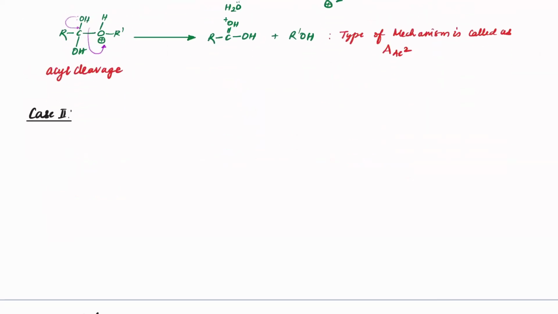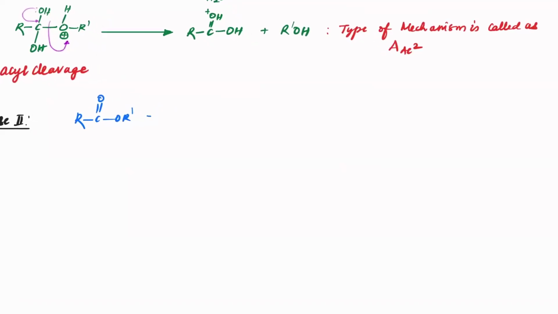See the second case now. The second case is when you have an ester RC double bond O R dash. This is the ester we have, and this ester is subject to acidic medium, H plus. I'll get this as RC double bond OH plus, and we have OR dash. Now, a proton transfer could happen.